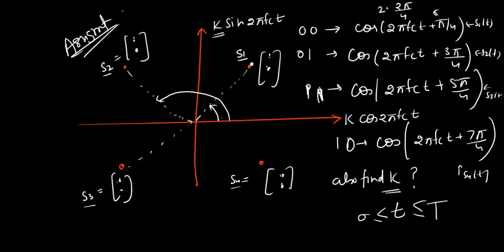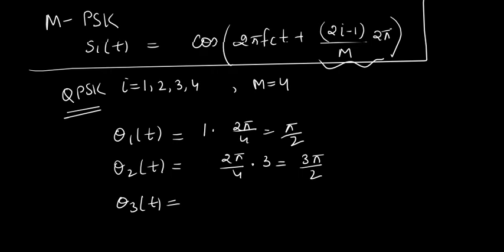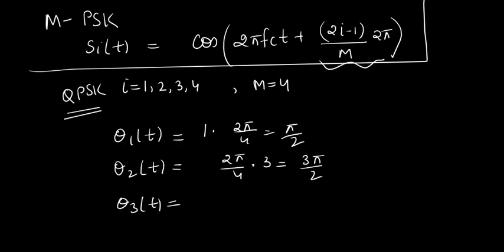No, it's pi by 4, so you can write it like this. Okay, so the general form we have to see. Give me 1 minute, I will just check it. We are just trying to write the formula for any M-ary PSK. If somebody can check it and tell me, I would really appreciate that.